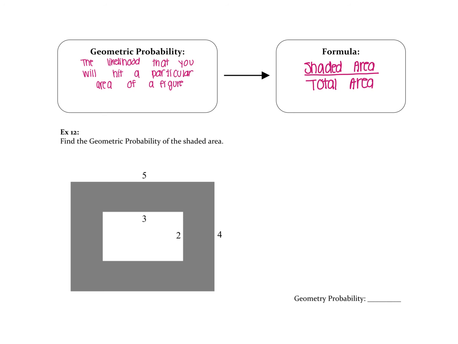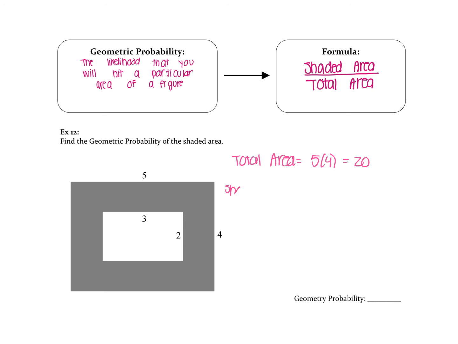This involves a little bit of geometry, remembering how to find the area of certain shapes. So for example here, I want to find the geometric probability of the shaded area. The first thing I need to figure out is the total area. Since it's a rectangle, I know area is calculated by length times width. So my total area would be 5 times 4, which is 20. But I need the shaded area as well.